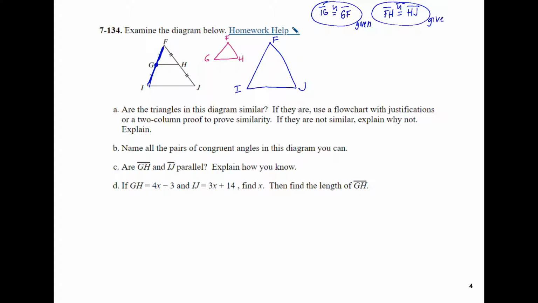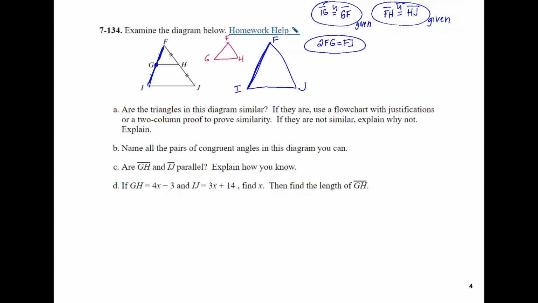I always start with my given statements towards the top. If I look at FI, knowing that FG is congruent to GI, I can say that 2 times FG would equal line segment FI.